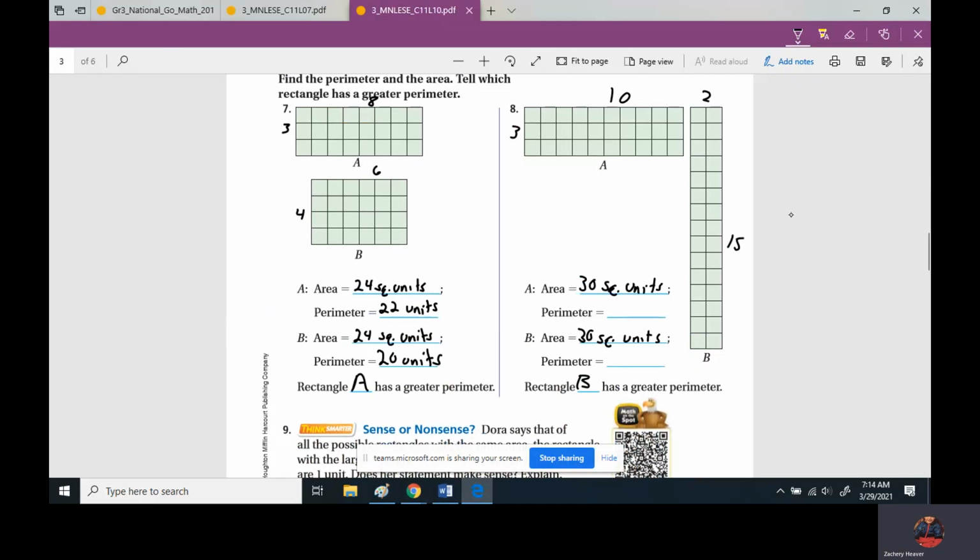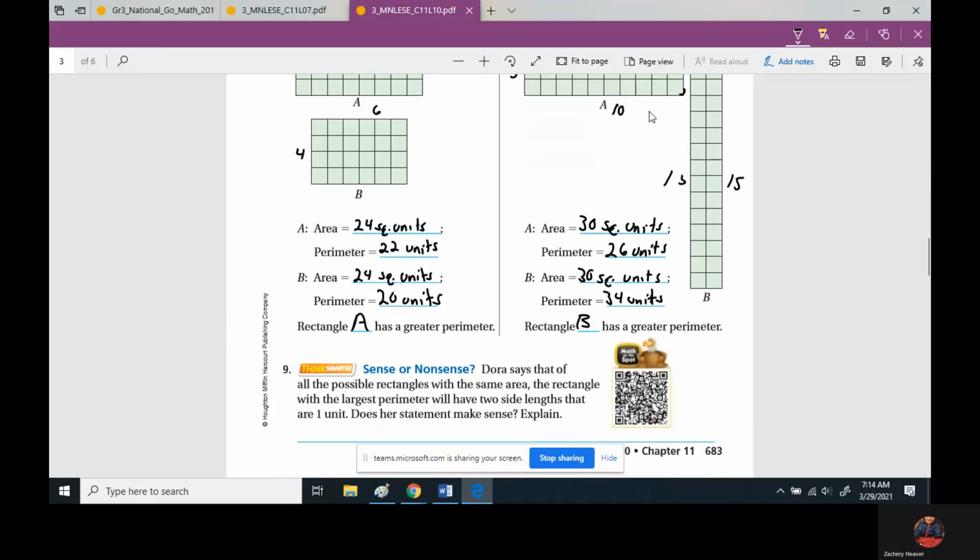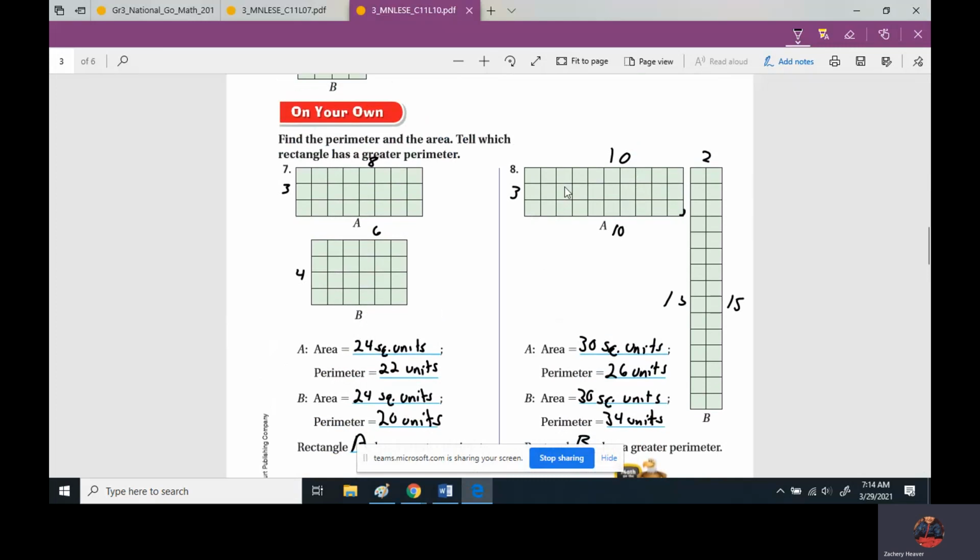We have 10 plus 10 makes 20, and 3 plus 3 makes 6. So 20 plus 6 is 26 units. This one, 15 plus 15 makes 30, 2 plus 2 makes 4. 30 plus 4 is 34 units. Just like that. Same area, different perimeter.